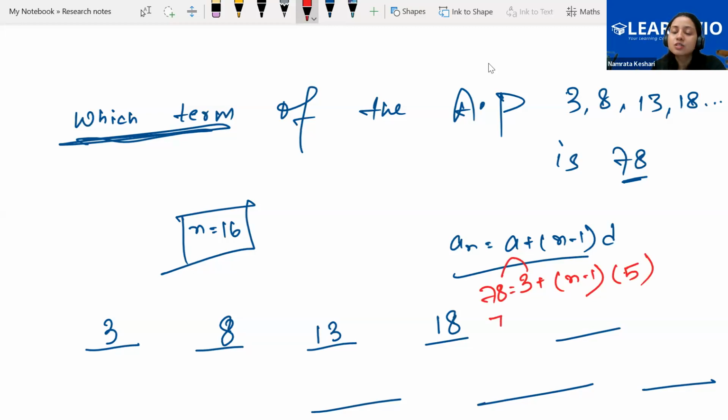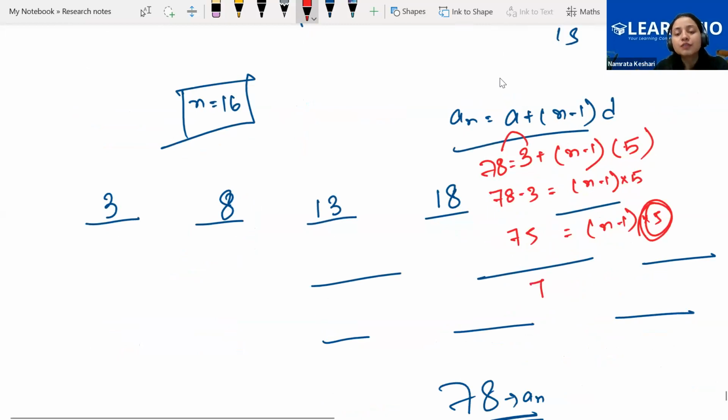So 78 minus 3 we will be doing, n minus 1 into 5 will still be there. So 78 minus 3, 75. Here n minus 1 into 5, this 5 which is in multiplication on the right side will come on the left hand side and will be in division. So we will be having 75 by 5. And here still we'll be having n minus 1.